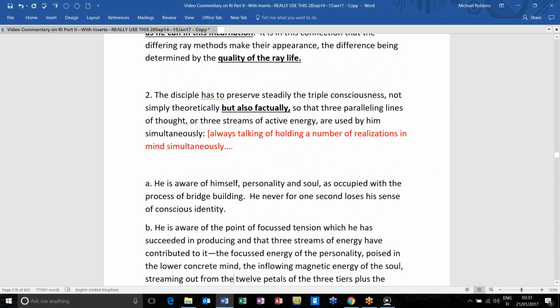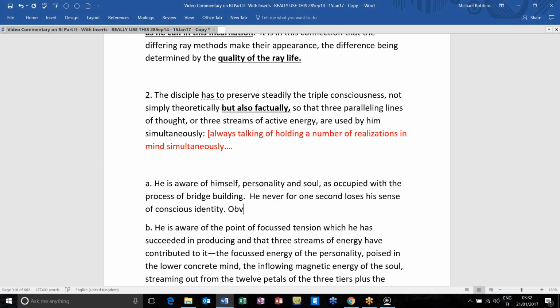He is aware of himself, personality and soul. You kind of wonder who's aware, right? Probably the observer is the ultimate being itself, the monad. He is aware of himself, personality and soul as occupied with the process of bridge building. He never, for one second, loses his sense of conscious identity.